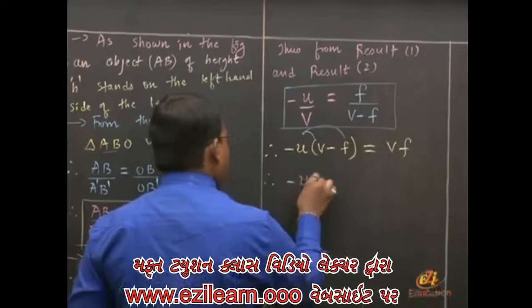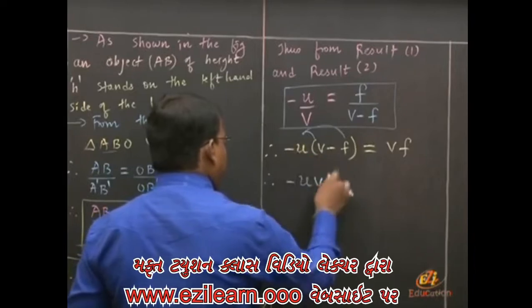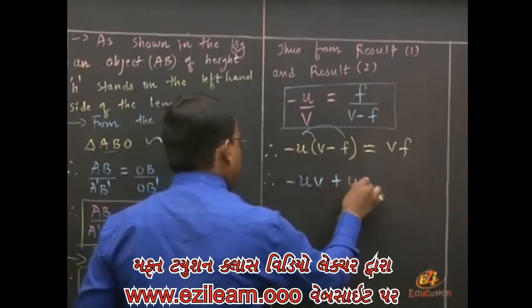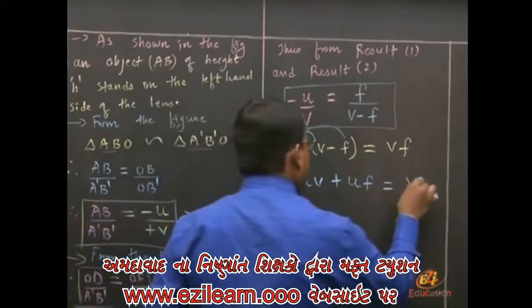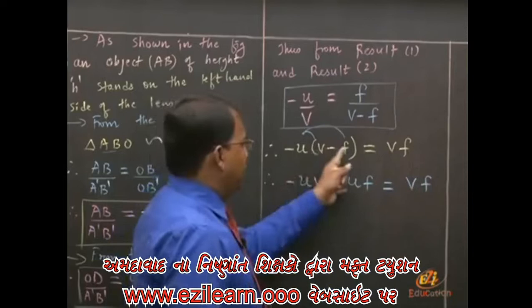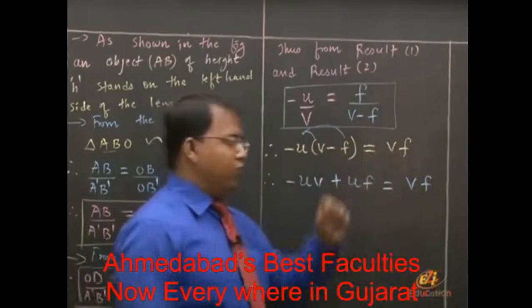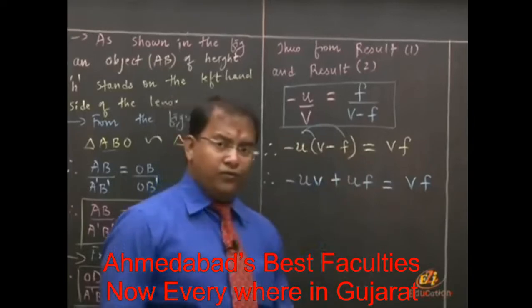Just go for internal multiplication: minus UV, minus into minus plus UF is equal to VF. Minus UV plus UF is equal to VF.